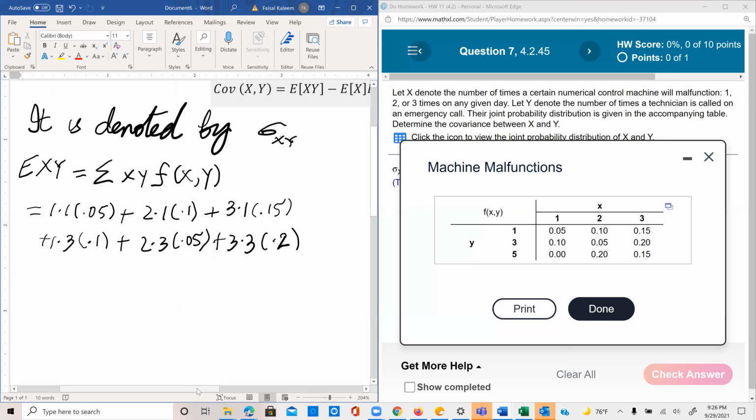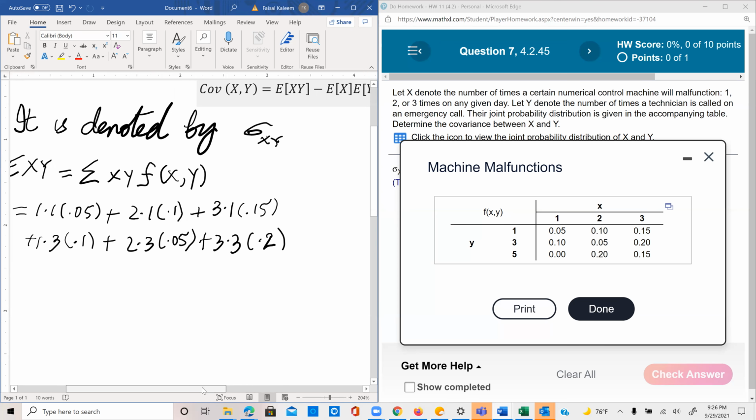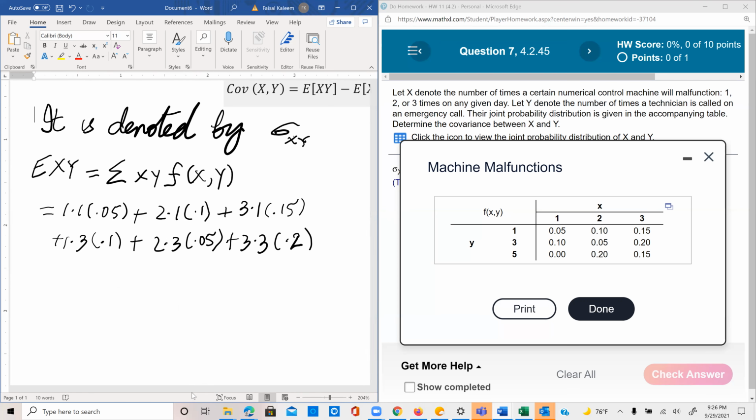And then lastly, now y would be 5. So x1, y5, and f1, 5 is 0, plus x2, y5, and f2, 5 is 0.2.